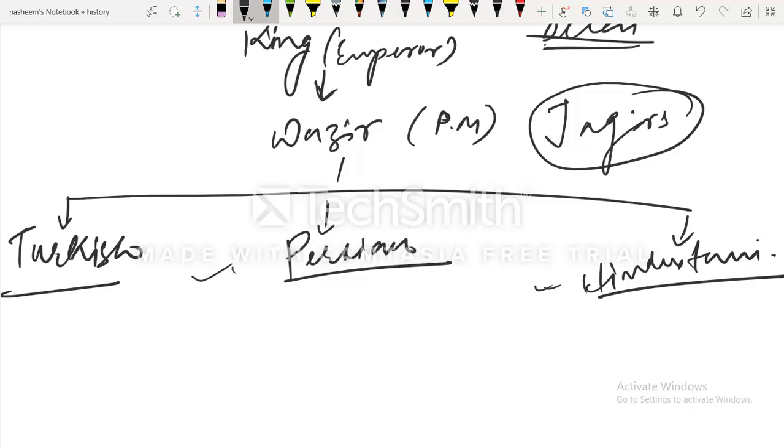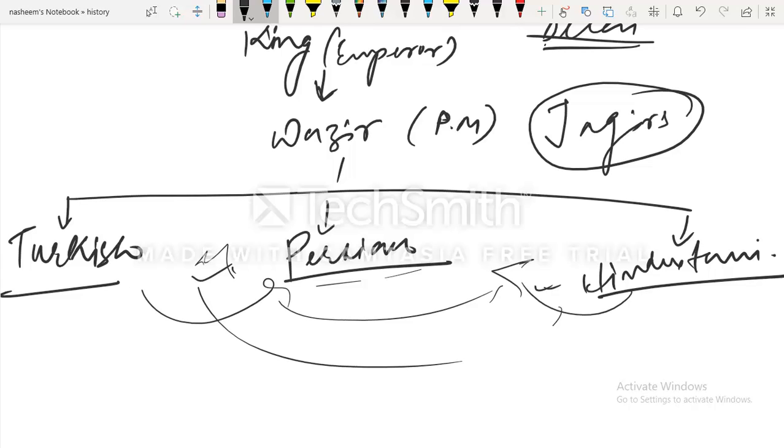There's a continuous fight. चल रहा है इन लोगों का. हिंदुस्तानी पर्शियन के साथ मिल गया तुर्किश के अगेंस्ट, तुर्किश पर्शियन के साथ गया हिंदुस्तान के, ये इसके साथ मिल गया इसके अगेंस्ट. इनके आपस में खींचतानी चलता रहता था कि किसको मिलेगा सबसे बड़ा जागीर. And there are many nobles under each of these.